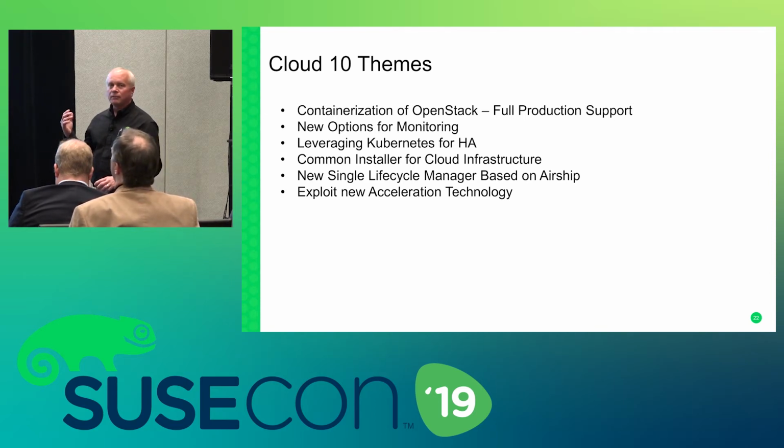So that's going to be the default configuration in Cloud 10, fully containerized, running on a Kubernetes infrastructure. As we talked about with Prometheus and Grafana, we're adding in new monitoring capabilities, so it's a new option. You can use them or not, but it makes a lot of sense because we have this new infrastructure based on Kubernetes, and we have that base monitoring already included in our products, so it's a natural extension of that.